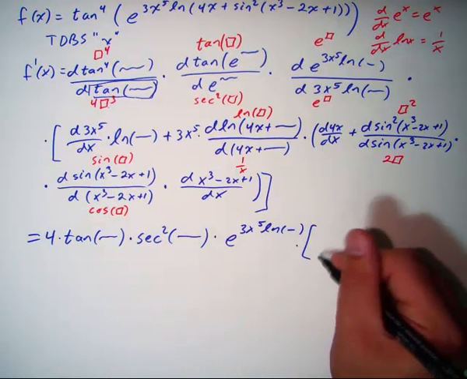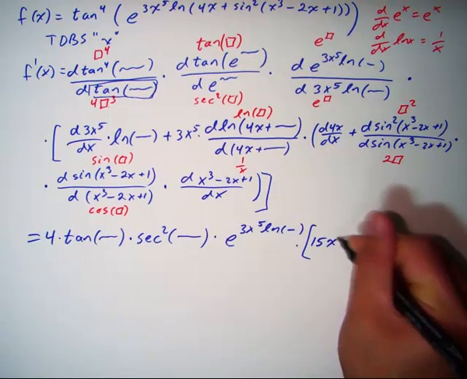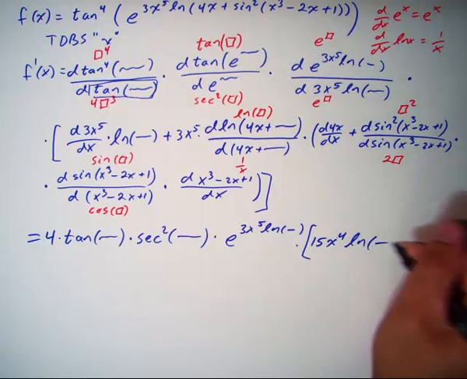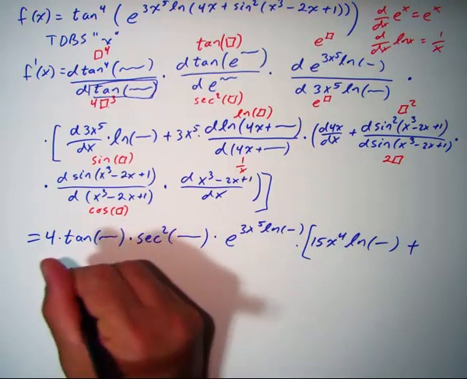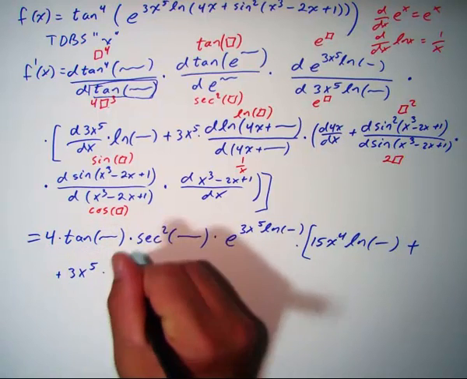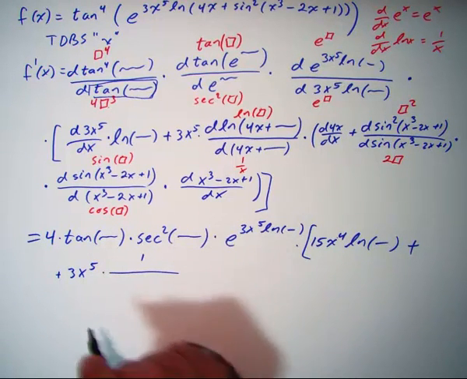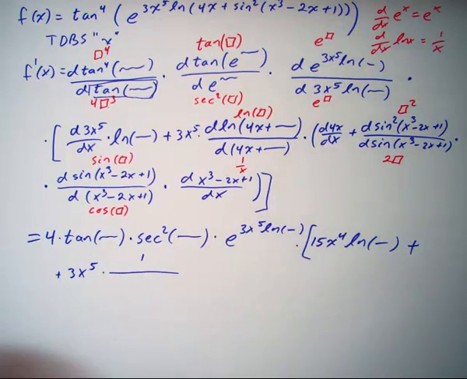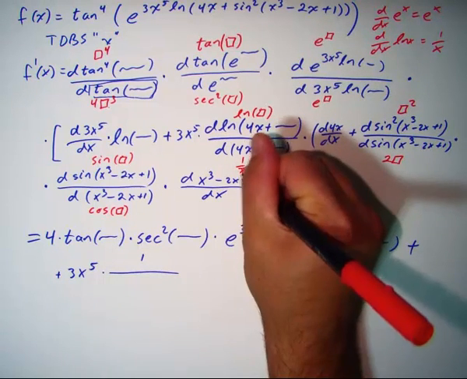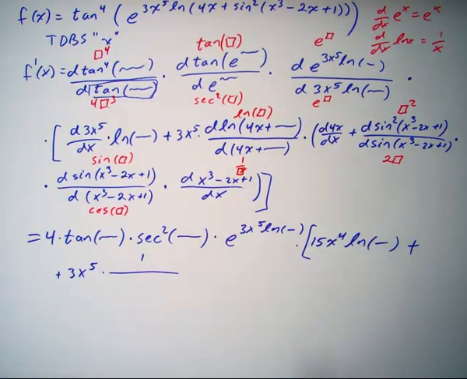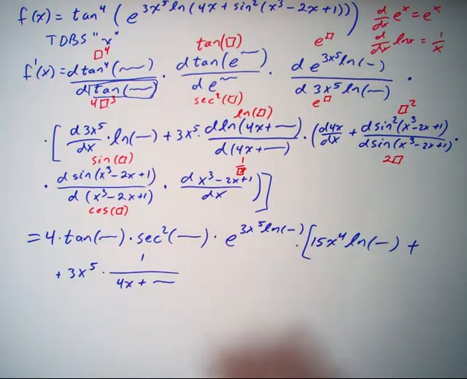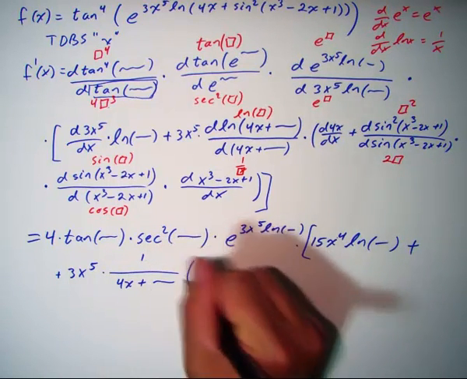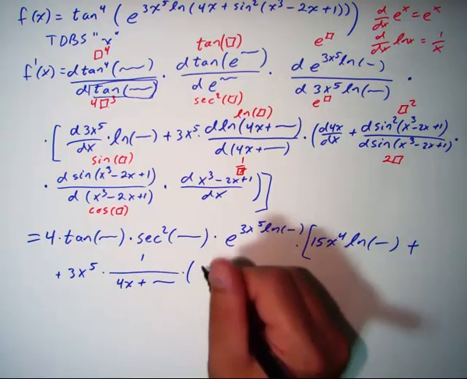The derivative of 3x to the 5th is going to be 15x to the 4th ln of something ugly plus 3x to the 5th times 1 over, oops, sorry about that one, not 1 over x, but 1 over box. So the derivative will give us 1 over 4x plus blah times another open bracket.